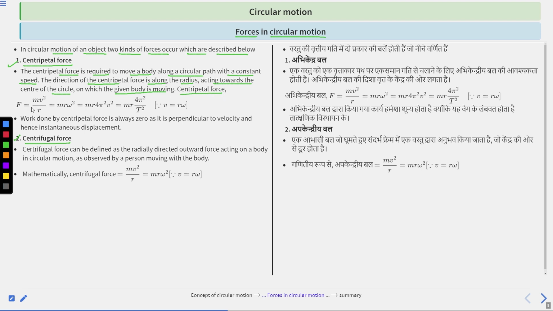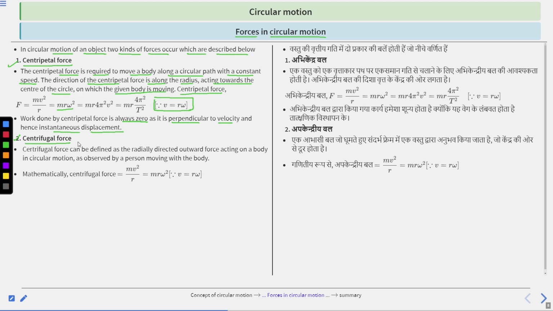Centripetal force F equal to mv square by r is equal to m r omega square, which is equal to m r 4 pi square v square, which is equal to m r 4 pi square divided by T square, where v is equal to r omega. Clear? So work done by the centripetal force is always zero, as it is perpendicular to velocity and hence instantaneous displacement. Clear? So this is the concept of centripetal force.